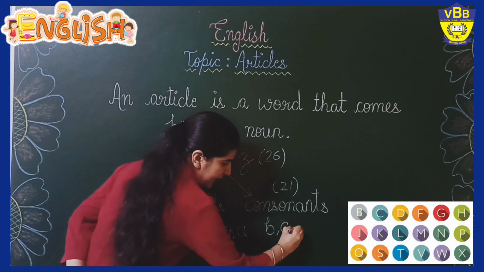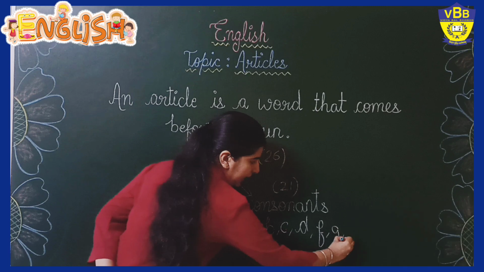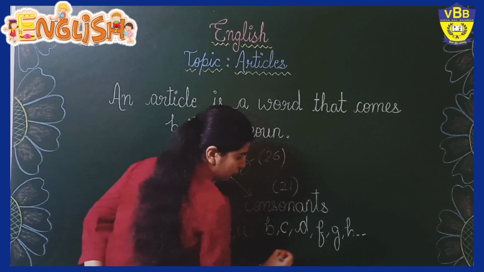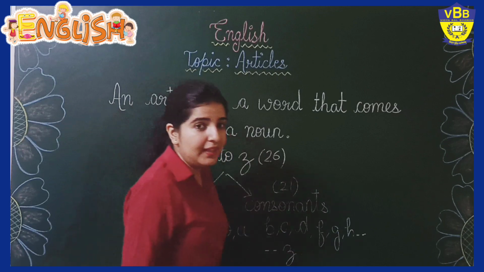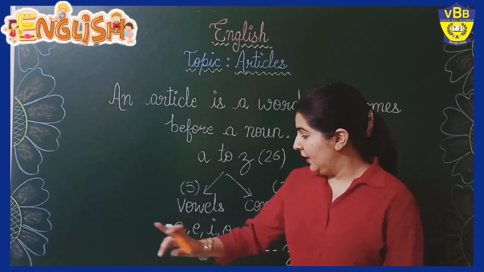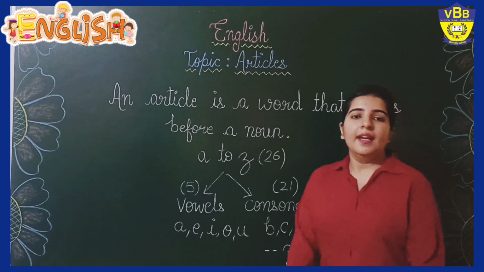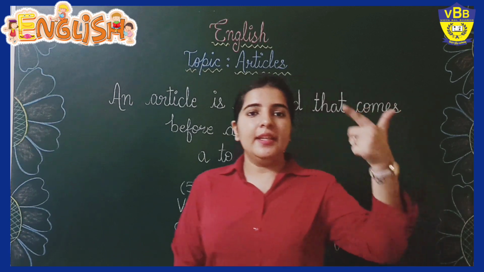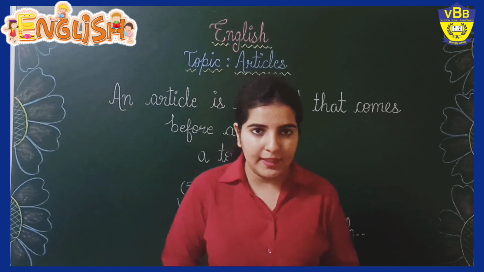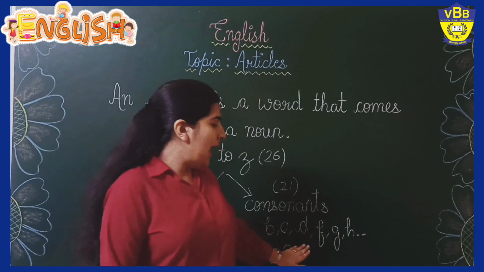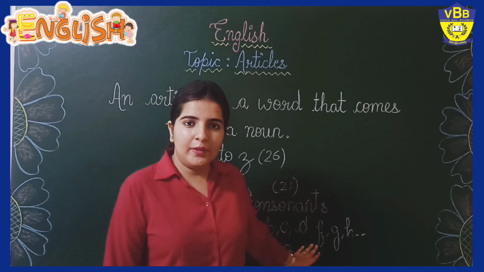B, C, D, F, G, H and so on till our last alphabet, that is Z, excluding A, E, I, O, U. Okay? Excluding A, E, I, O, U, all the 21 remaining letters of the alphabet are known as consonants. Clear till here everyone?